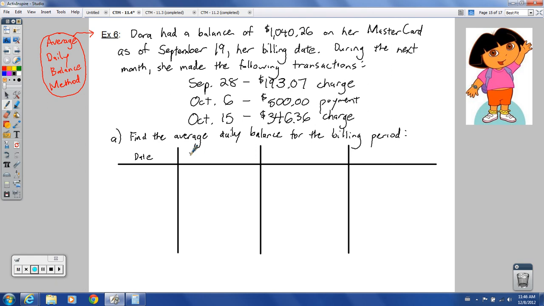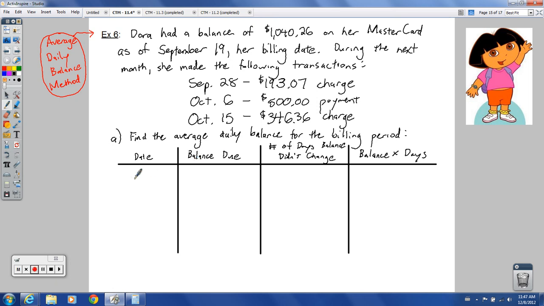This one will be the balance due as of that date. This one will be the number of days the balance didn't change. And finally over here, this will be the balance due times the days. It'll be these two values multiplied together.